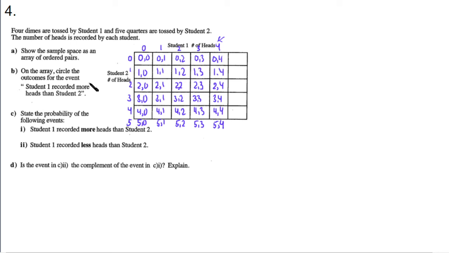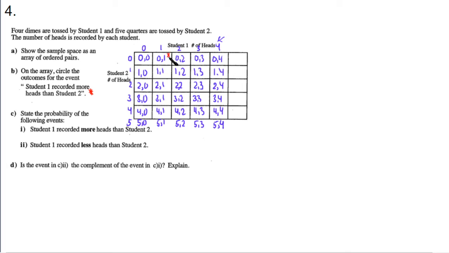In B, on this array, circle the outcomes for the events where student 1 recorded more heads than student 2. So student 1 is recording more heads than student 2. I'm just going to put a little star in those grid cells.